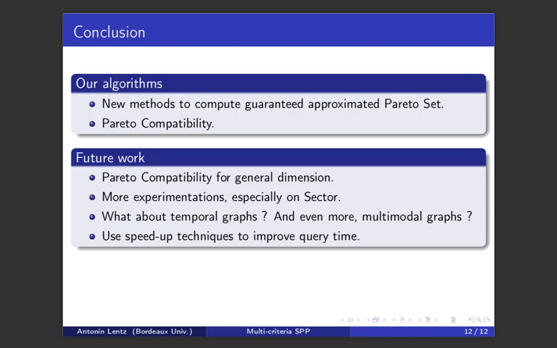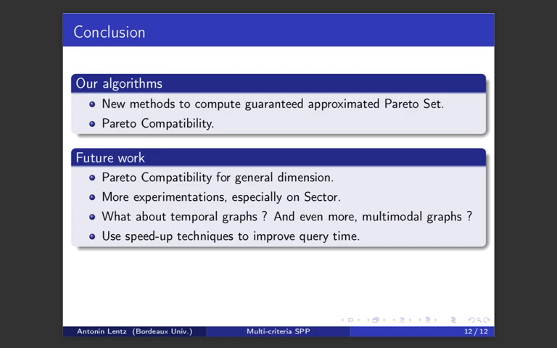So the problem here is that sector is not Pareto compatible, so we would need an algorithm that is in a general dimension. And also we would need some experimentations on sector. More general questions. We dealt with static graphs, but what about temporal graphs in order to generalize it to multimodal setting? And also how to use speedup techniques.